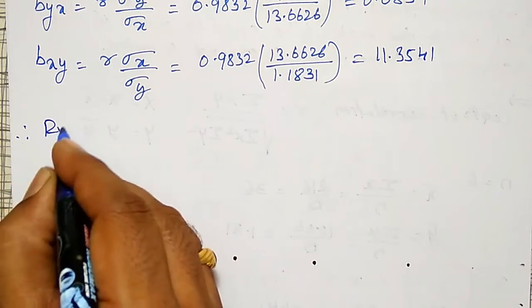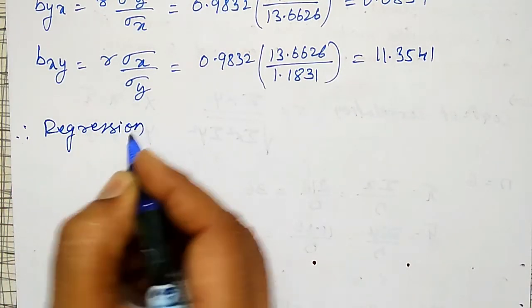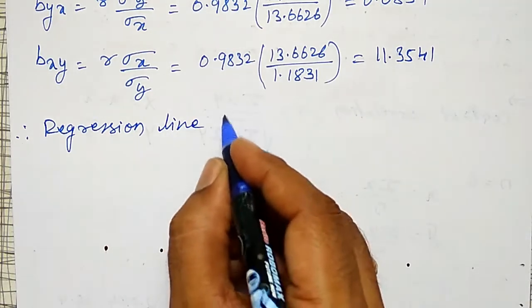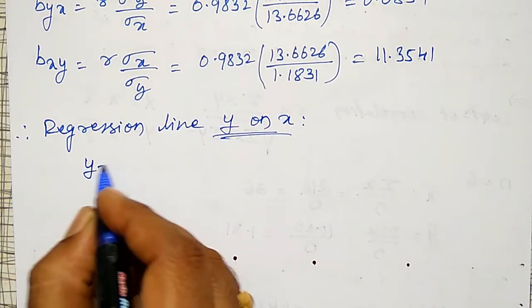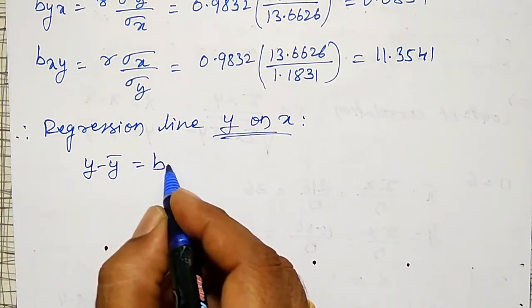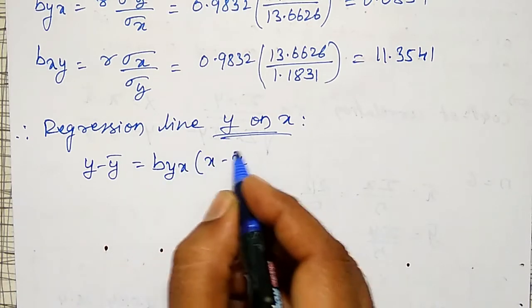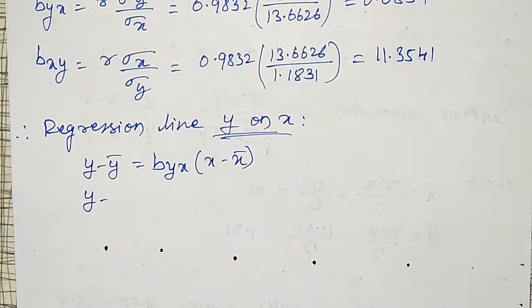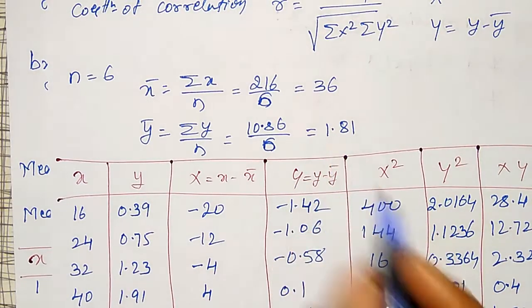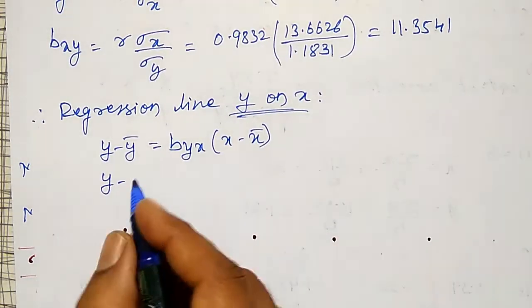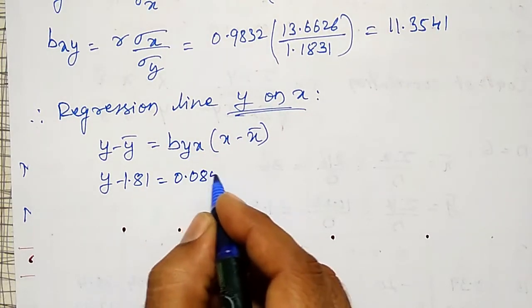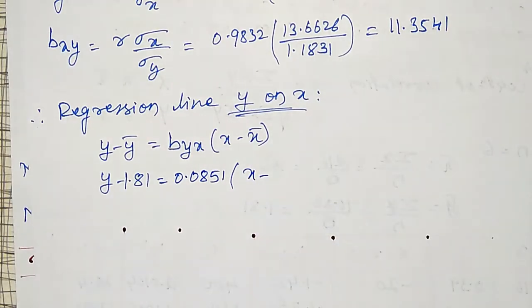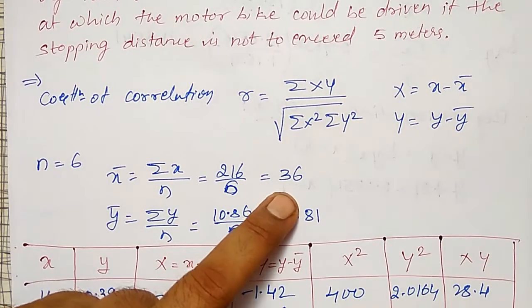Therefore the regression line y on x is given by y minus y bar equals byx into x minus x bar. Previously calculated, y bar equals 1.81, byx is 0.0851, and x bar I have calculated as 36.